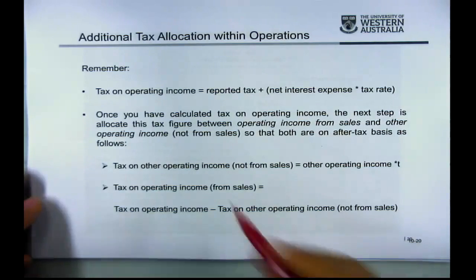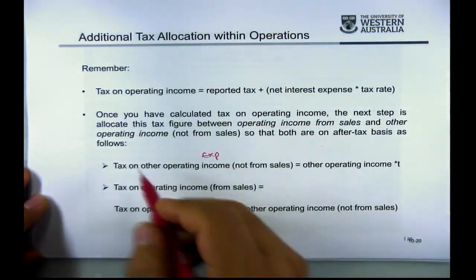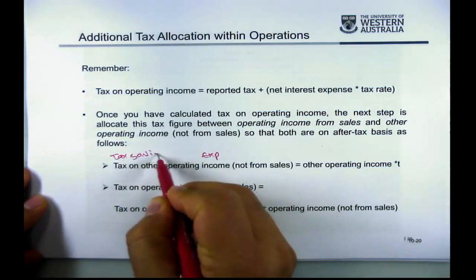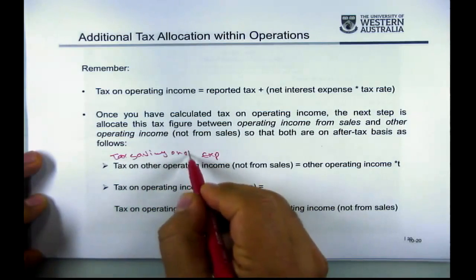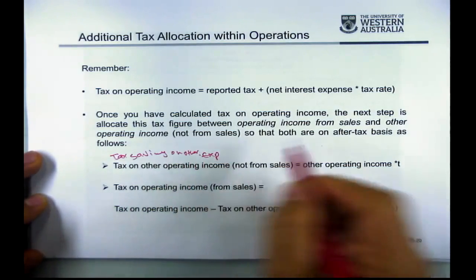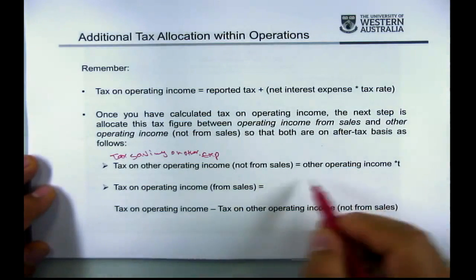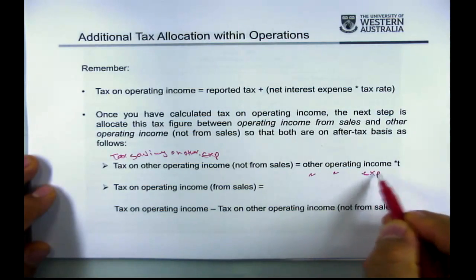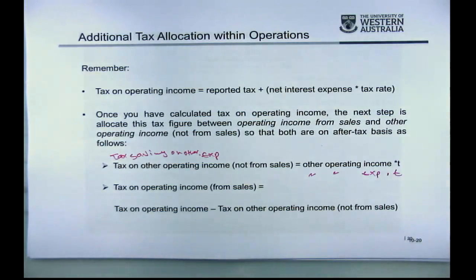Tax on other operating income or expense, be careful. It could be tax saving on other operating expense. It depends. It is equal to other operating income times the tax rate, or other operating expense times the tax rate. It depends.